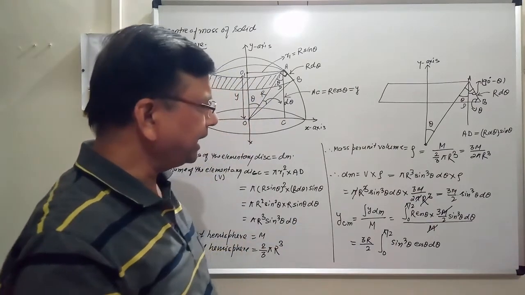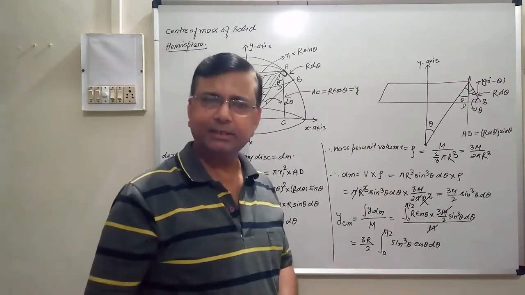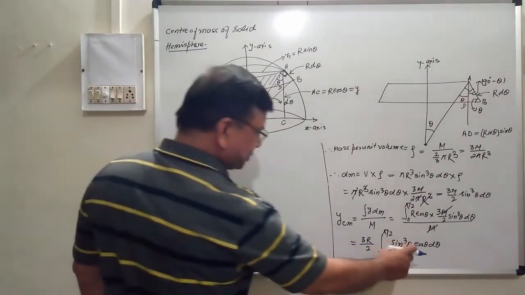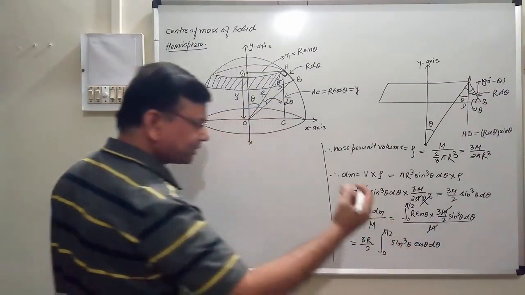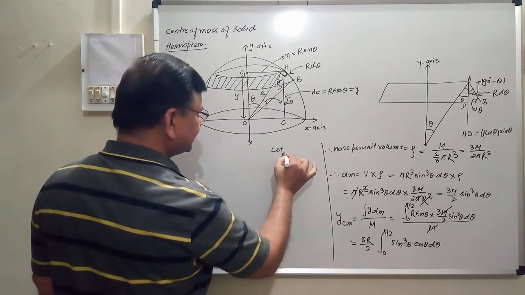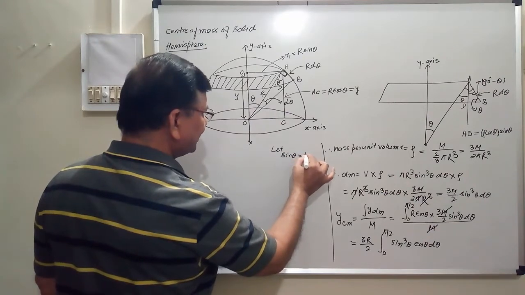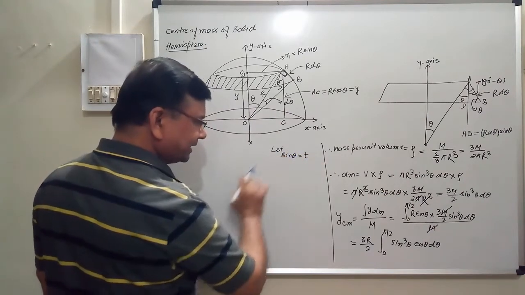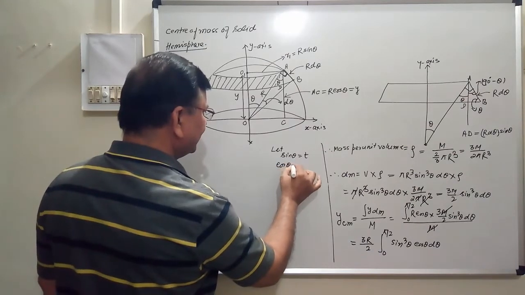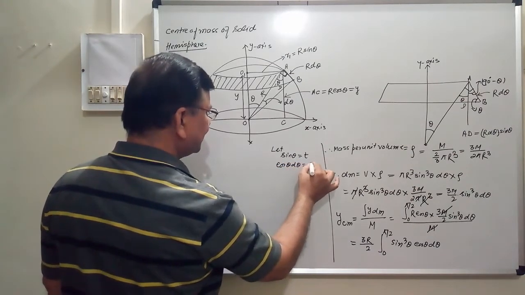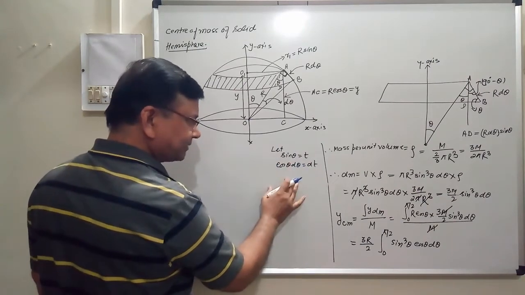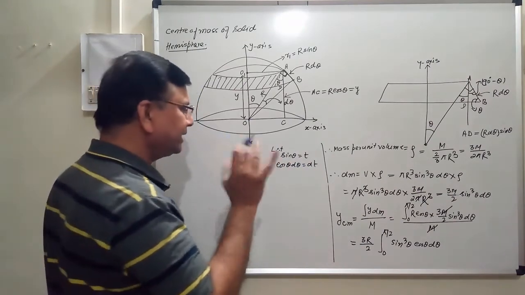Integration is to be done, and that can be done by the method of substitution. We will substitute sine theta is equal to, suppose, new variable, that is t. Let sine theta is equal to t. Differentiate it with respect to theta, we will get cos theta d theta, that is equal to dt. That is a differentiation of sine theta with respect to theta.